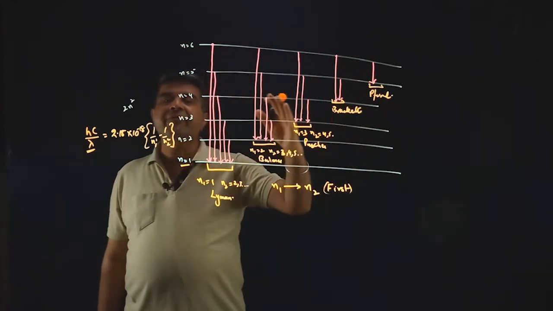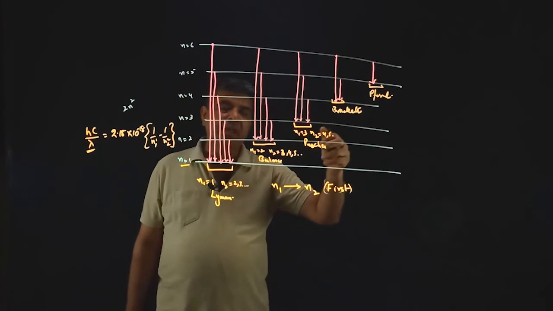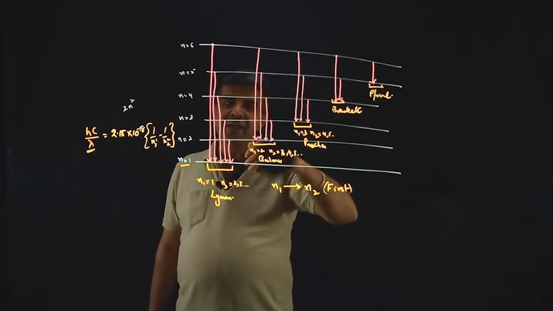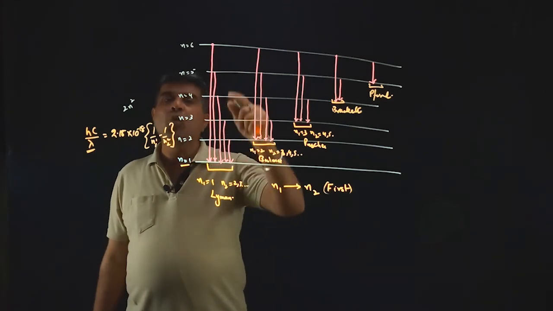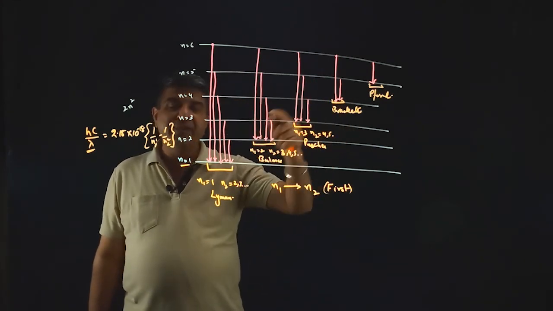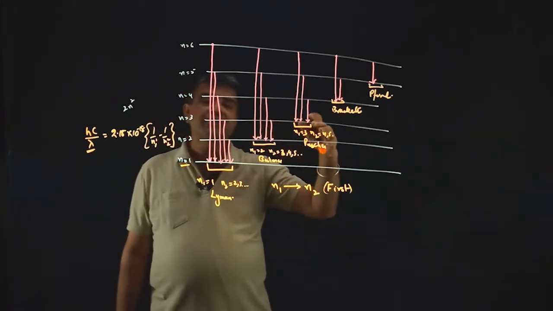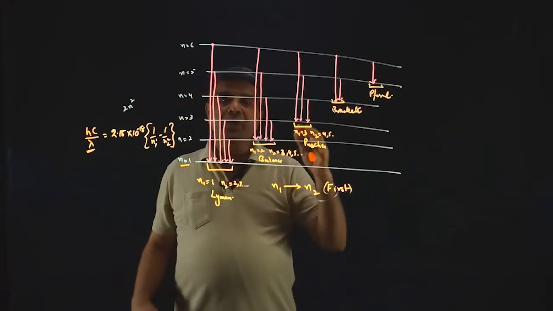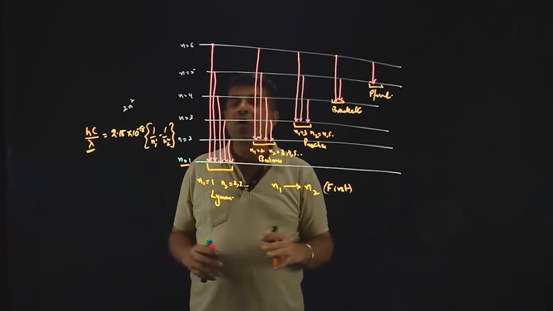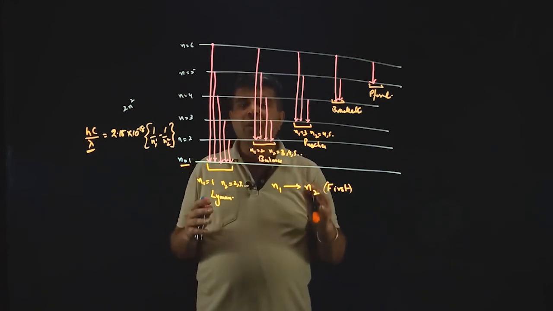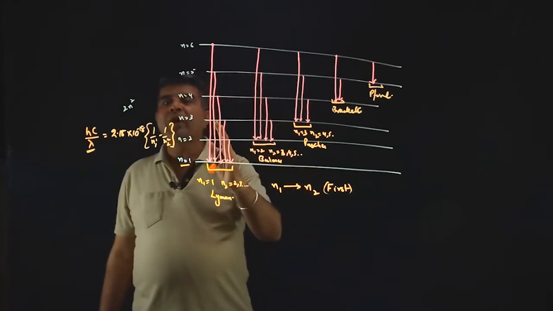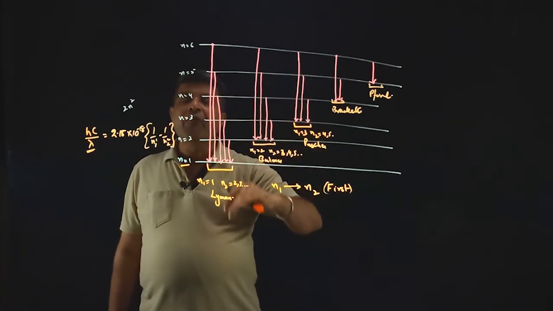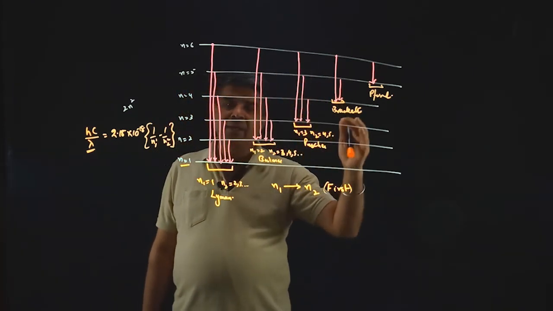Just consider if there are more than one electron, then the permutation combinations would increase as a factorial value. So this was the drawback of Bohr's atomic model, that Bohr was not able to explain the line spectrum for multi-electron atoms.